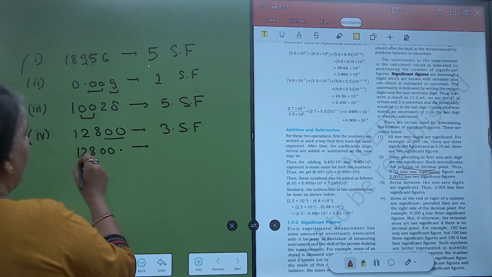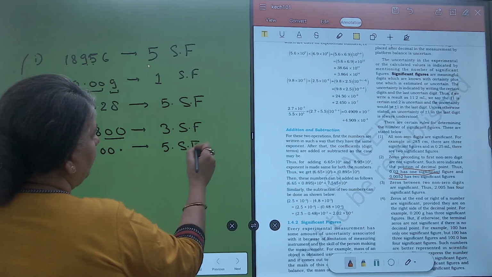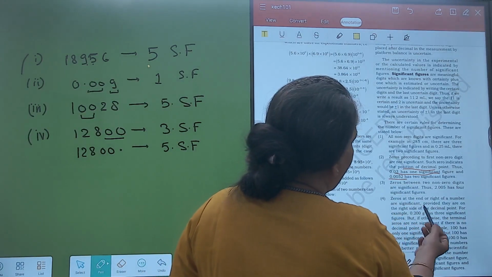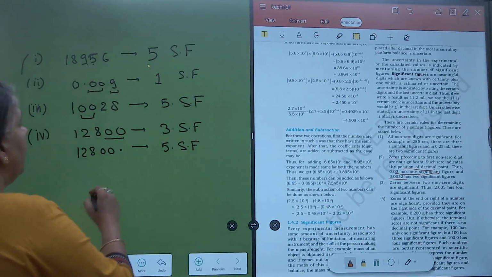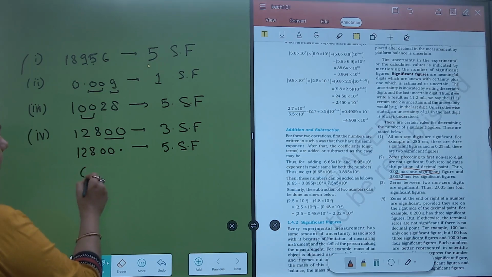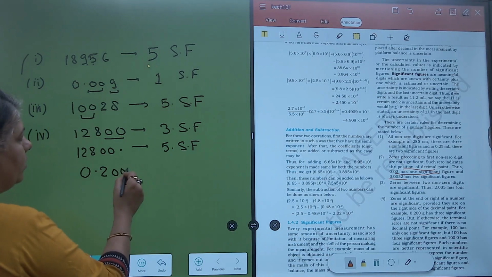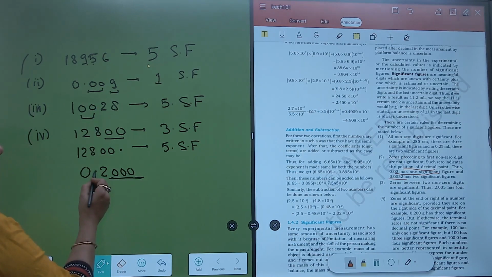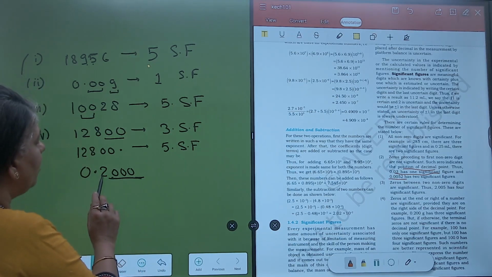So here 1, 2, 3, 4, 5 significant figures. So zeros at the end or right of a number are significant provided they are on the right side of the decimal. Another example, see, if I write a number 0.2000, now these zeros will be considered significant because they are on the right of the decimal and they are after a non-zero digit.